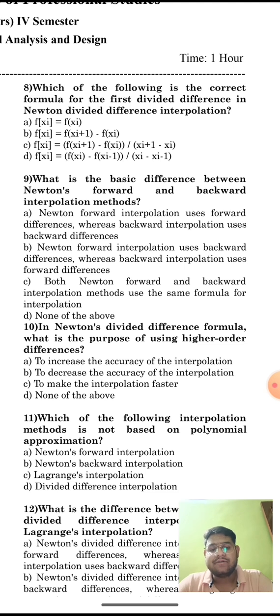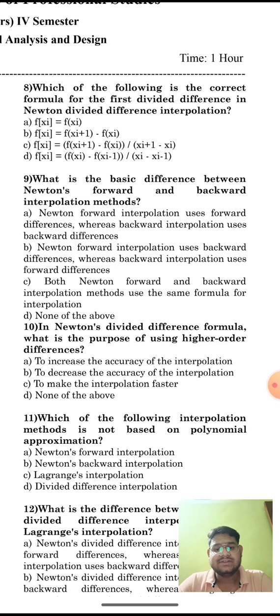Option D. f[xi] = (f(xi) - f(xi-1)) / (xi - xi-1). The correct answer is option D. f[x] = (f(xi) - f(xi-1)) / (xi - xi-1). Question number 9.